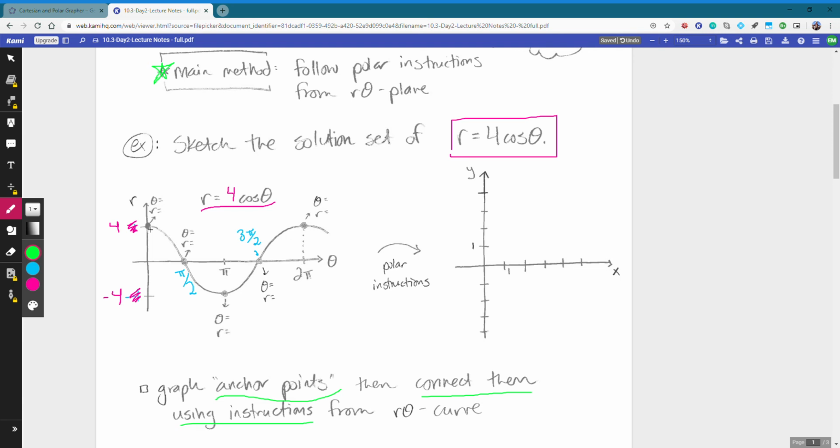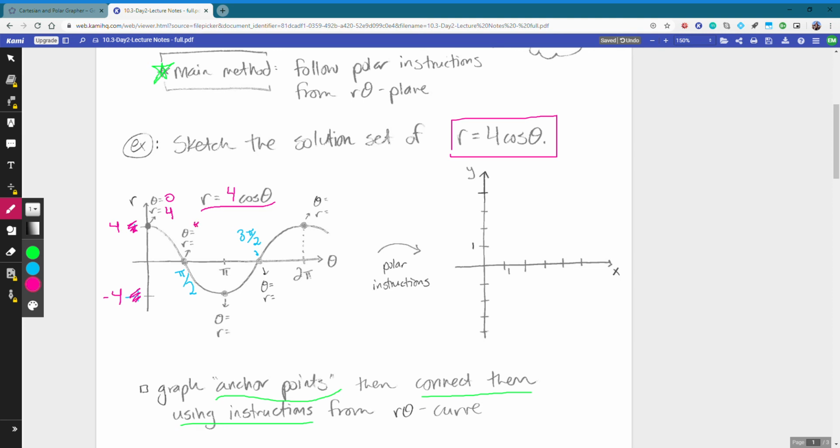At this first point here, this has horizontal coordinate 0 and vertical coordinate r, and so that gives us theta is 0 and r is 4. And let's just go down and real quick record the coordinates for all of these anchor points.